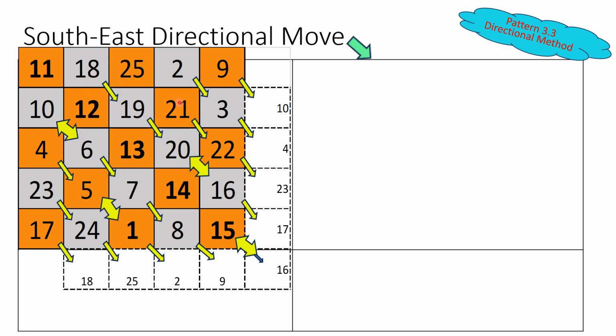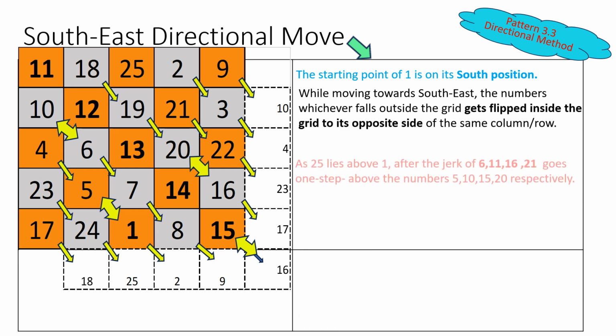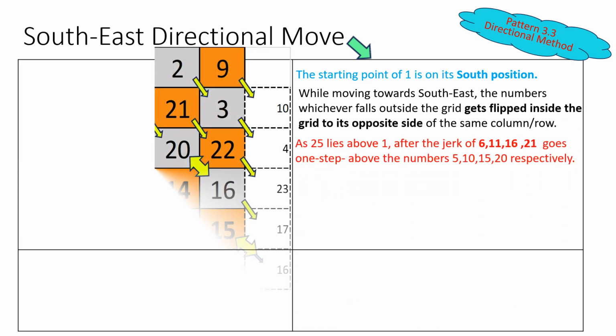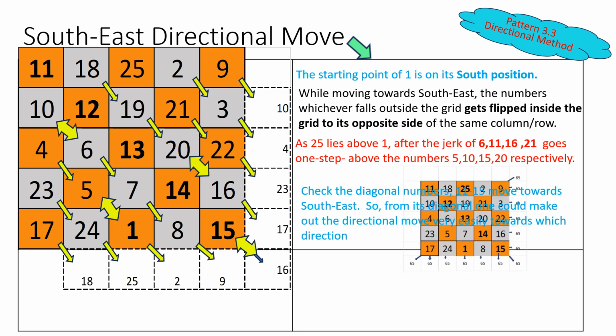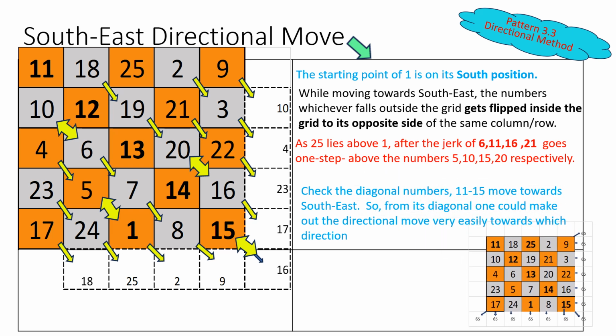There is a jerk, and it occupies the position above 21. 22, then 23 gets flipped inside, 24, then 25 falls on the same line. Check it: first number, last number and middle number fall on the same line. That you should check every time. And here you see the sum of its numbers vertically, horizontally and diagonally. You are getting the magic constant as 65.